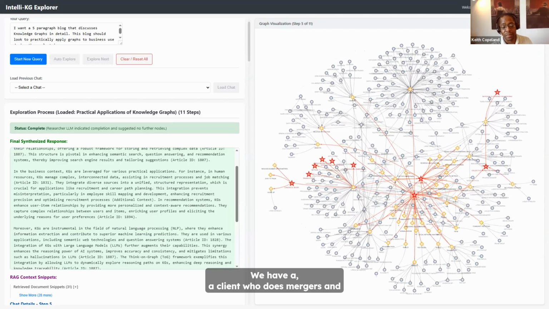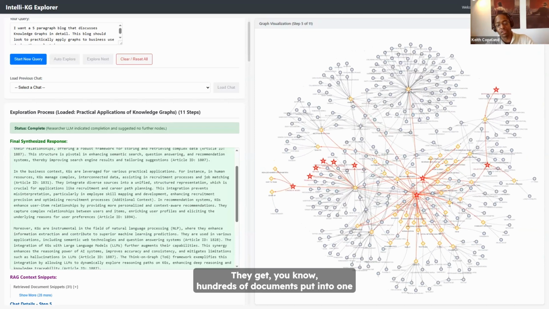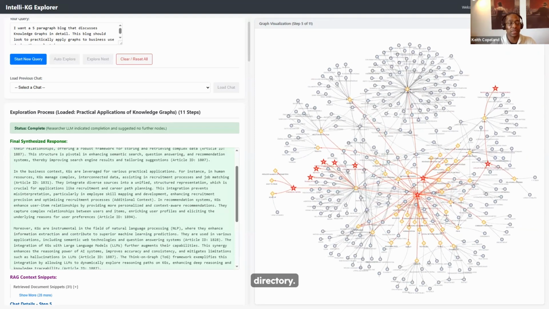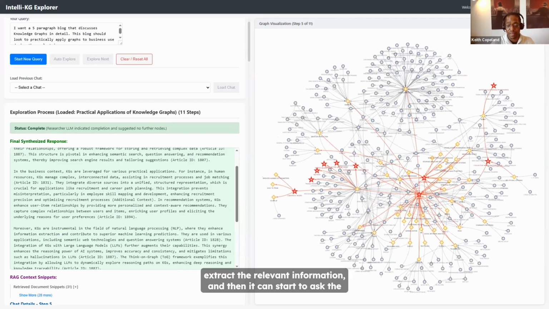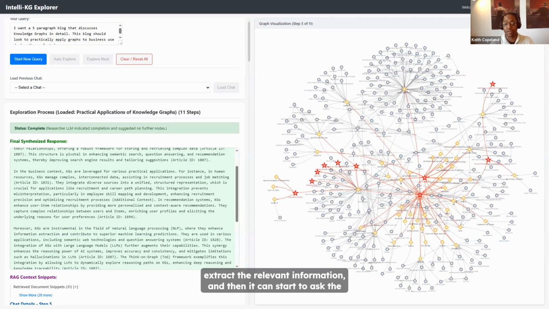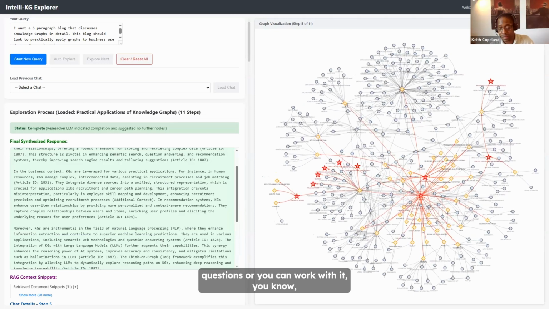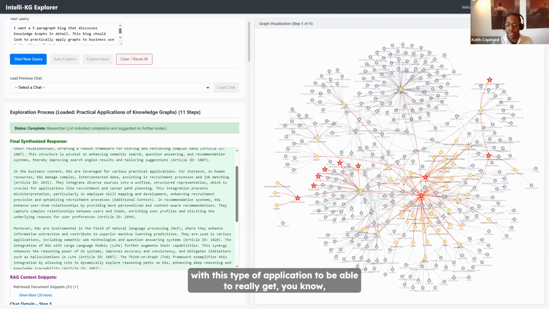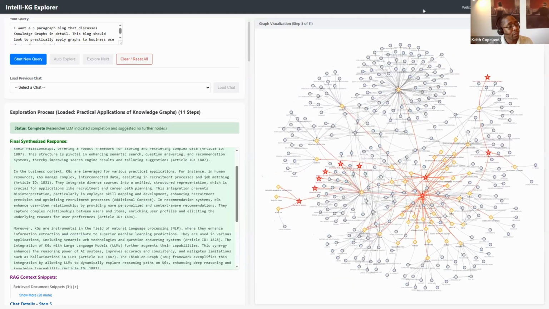We have a client who does mergers and acquisitions. They get hundreds of documents put into one directory, and this can go through Excel documents, PDFs, Word documents, extract the relevant information, and then it can start to ask the questions. Or you can work with it, with this type of application, to really find those nuanced facts. I don't want to take too much time. I think we have 5 minutes here.